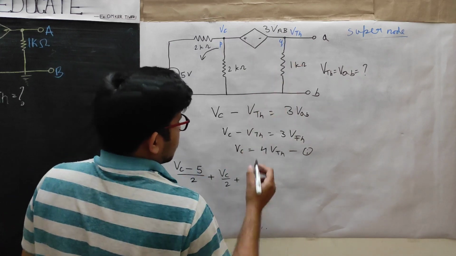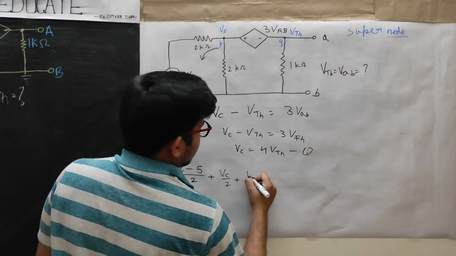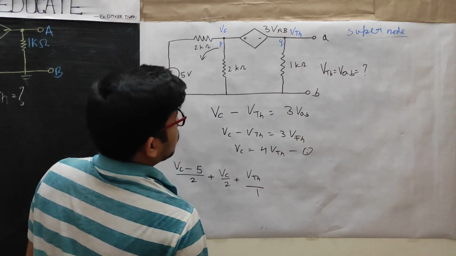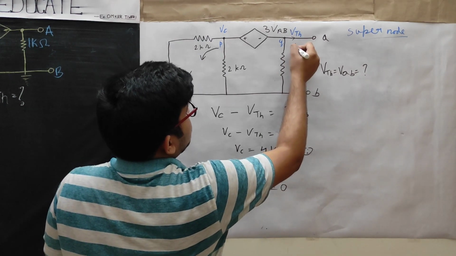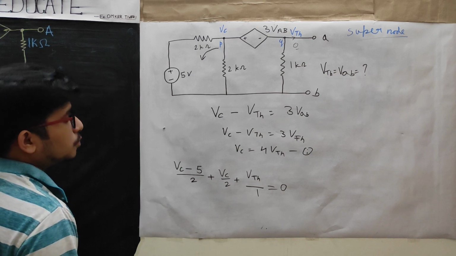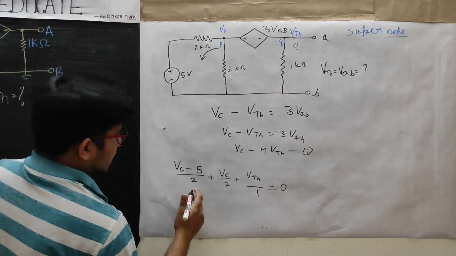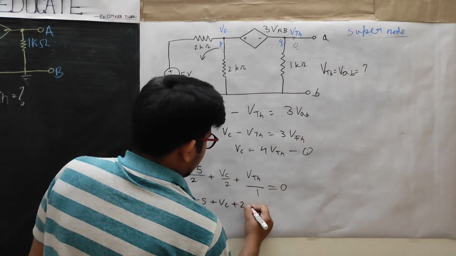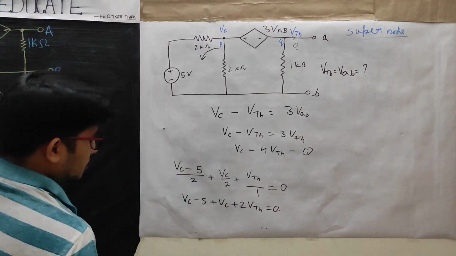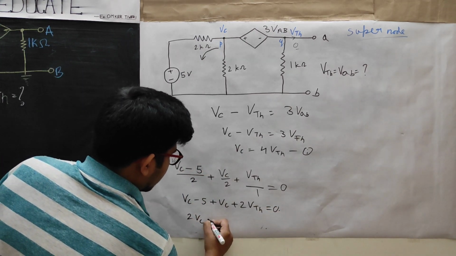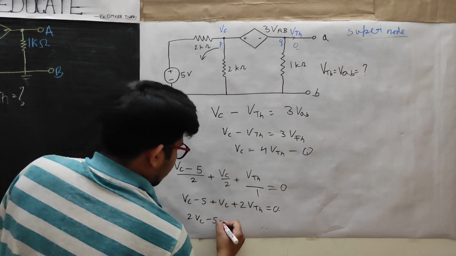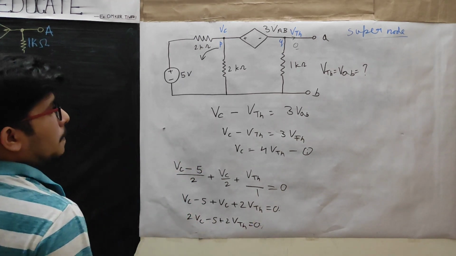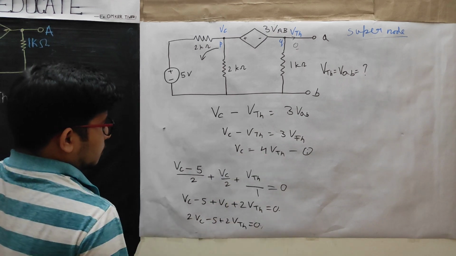Here I will get VTH by 1, which is equal to 0, and the current in this direction is 0 because this is an open circuit. After solving, you will get VC minus 5 plus VC plus twice of VTH equals 0, so twice of VC minus 5 plus twice of VTH equals 0.